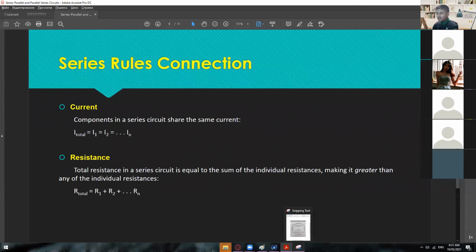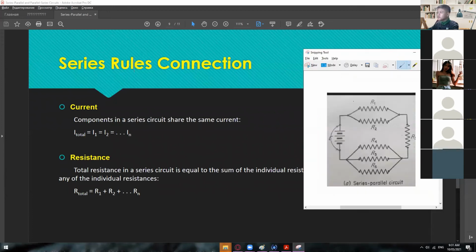Kagaya ng nasabi ko kanina, kapag naging series connection na, iisa na lang yan. So, I total is equal to I1, I2, and I3. Ganun sa series connection. And then for the resistance, of course, i-add nyo lang lahat. R1 plus R2 plus R3, you will get the R total.